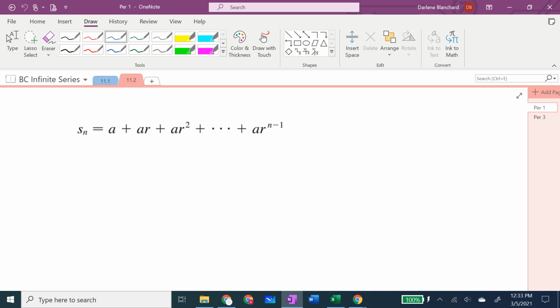So, we are going to come up with an actual formula for the nth partial sum of a geometric series, with an understanding that whatever number a is, that is the first term, and r is the common ratio.